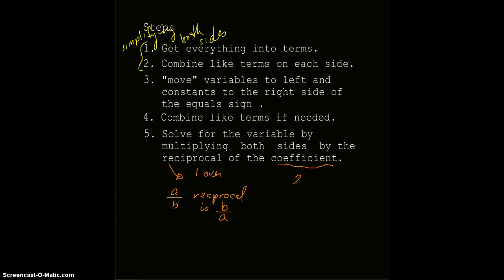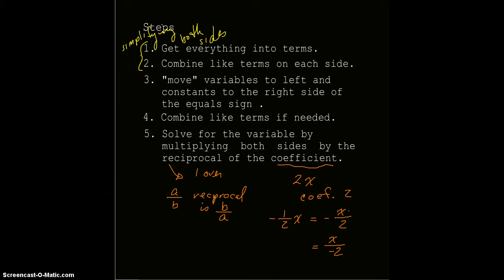So perhaps I have 2x, the coefficient here is 2. If I had something like negative 1/2 x, the coefficient would be negative 1/2. And let's also remember, this is the same as negative x over 2, or x over negative 2.